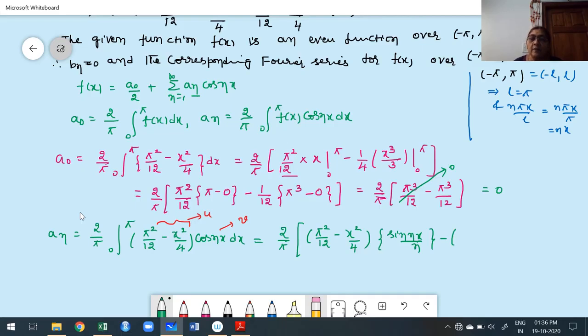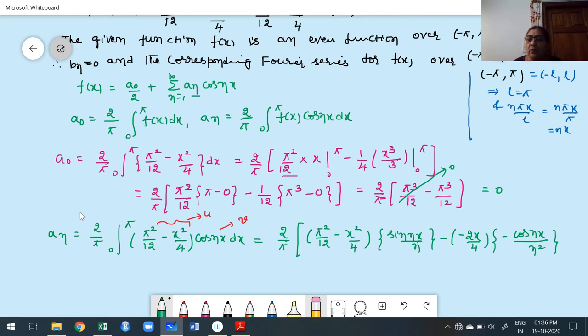This derivative, the constant, is 0, minus 2x by 4 into the second integral of the given function. We already know the first integral. Again I integrate, minus cos nx. Don't simplify that. What we get, you write it inside the bracket.